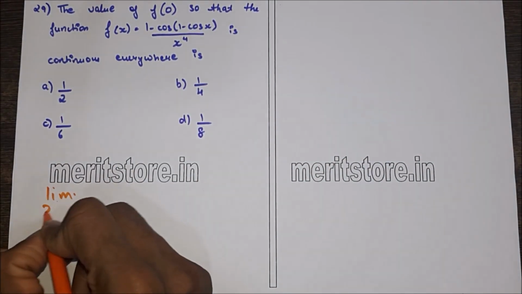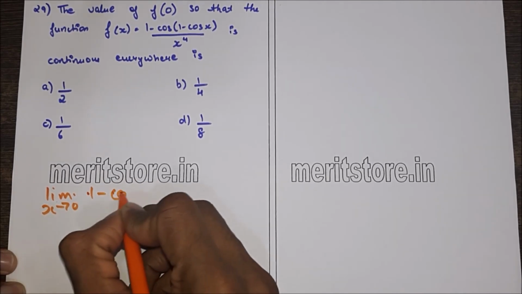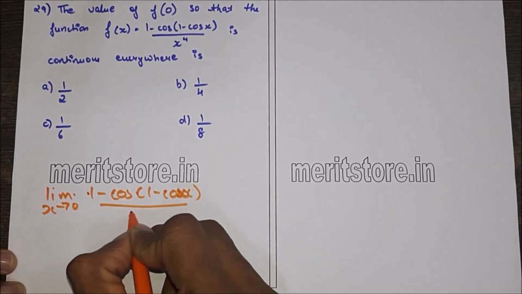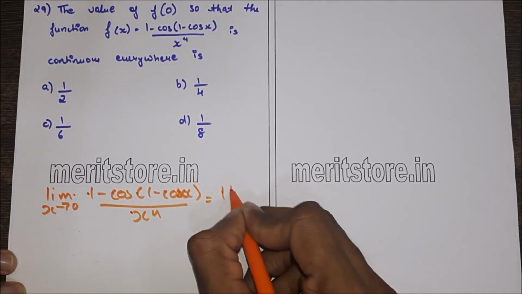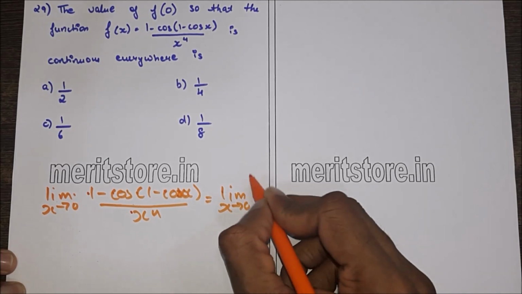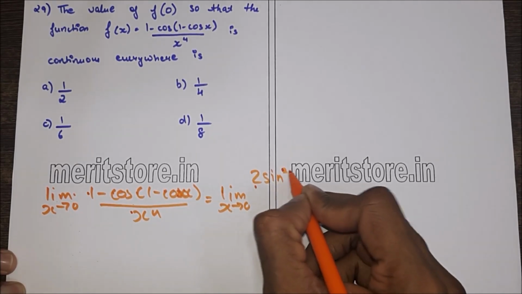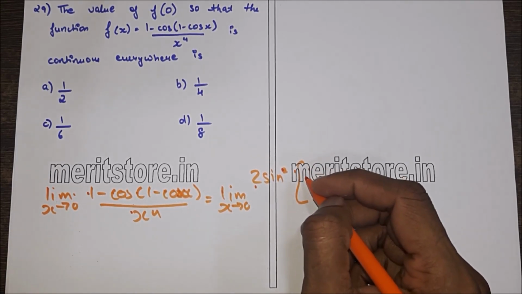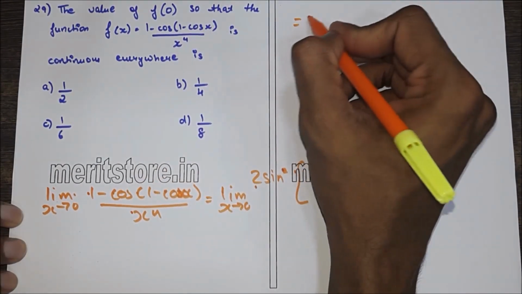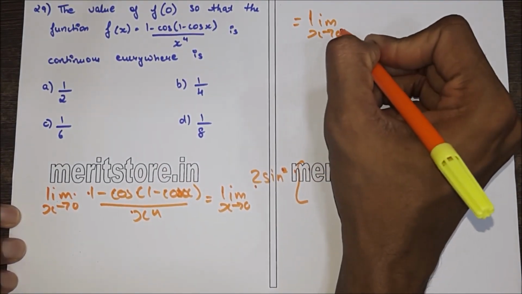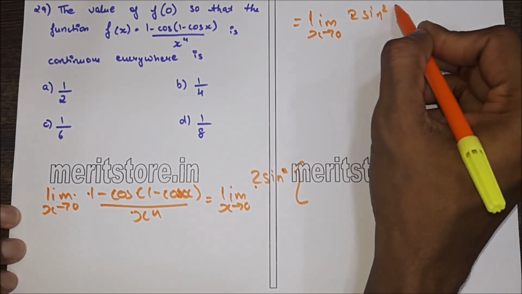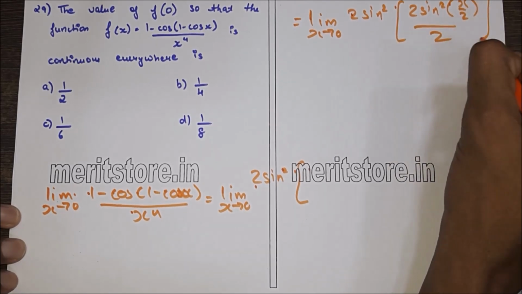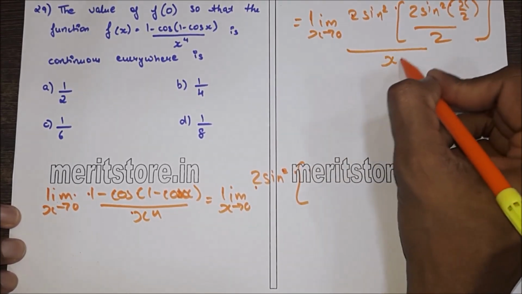Limit x approaches to 0 of 1 minus cos x upon x raised to 4 equal to limit x approaches to 0 of 2 sine square x by 2 upon x raised to 4, we can write this function as equal to limit x approaches to 0 of 2 sine square x by 2 upon x raised to 4.